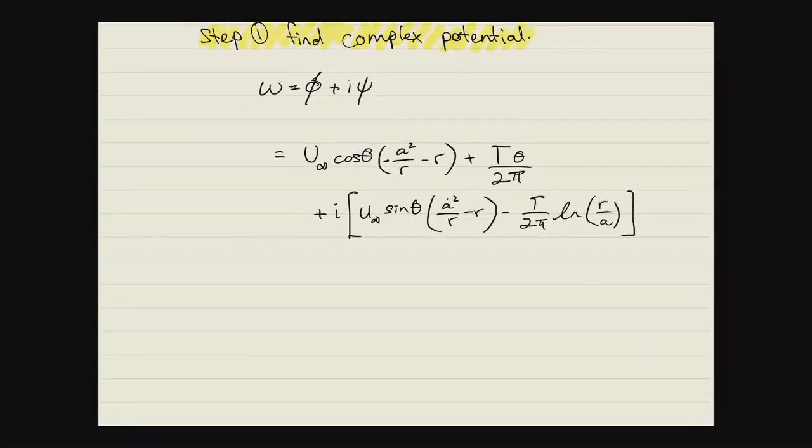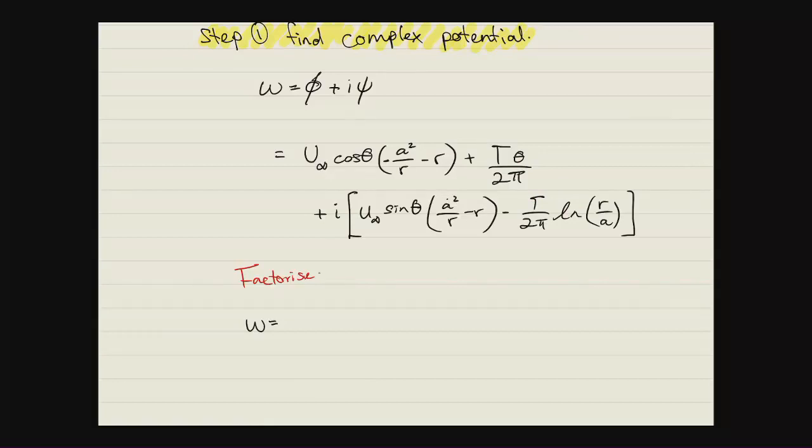Okay, so we want to express all of this in terms of z, our complex number. So we have to do a bit of factorizing. I want to get the cos and sine terms grouped together, and this term to be grouped together as well.